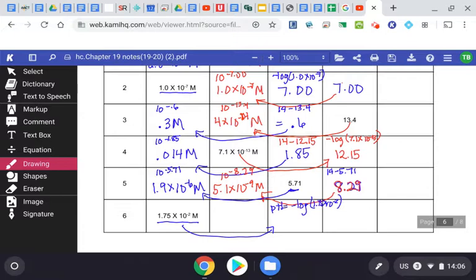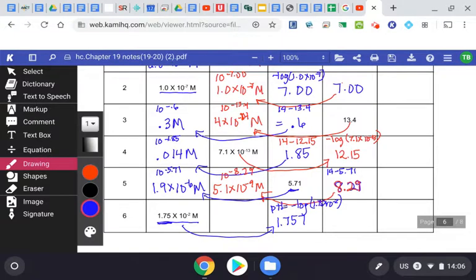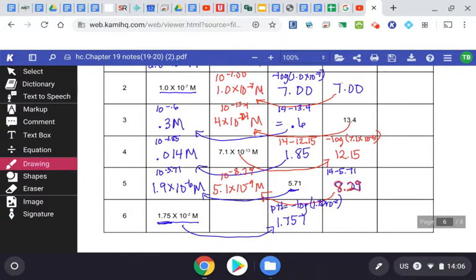Now this number here has 3 sig figs. So that means my answer will have 3 decimal places. That rounds to 1.757. Now to get my pOH, I'm going to take that answer and subtract it from 14.